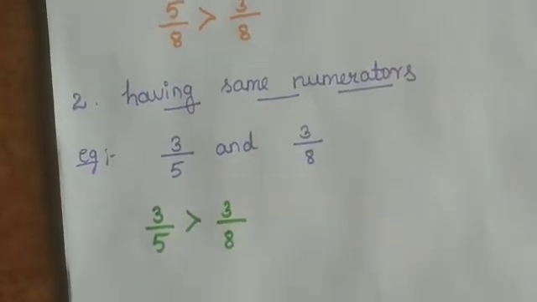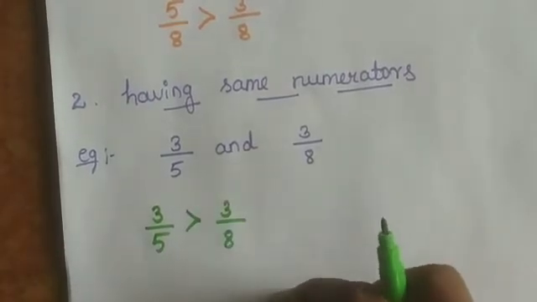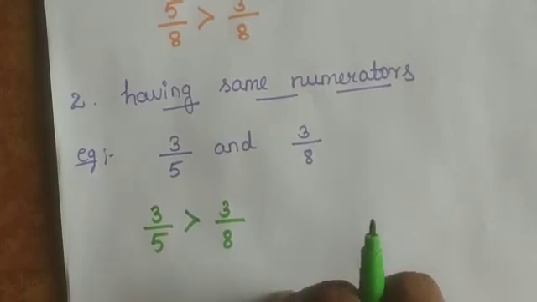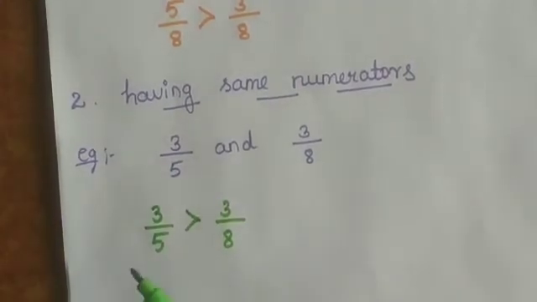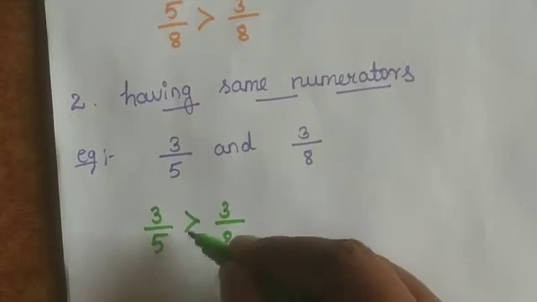So how can we tell 3/5 is greater than 3/8? In this, the greater the denominator, the smaller the value of the fractional number. Is it clear, children? Greater the denominator, smaller the value of the fractional number.